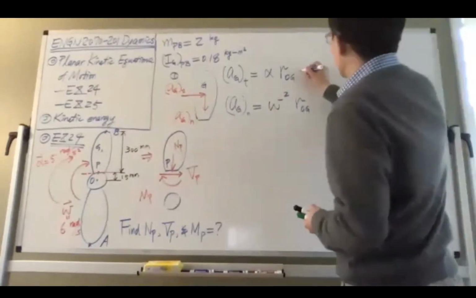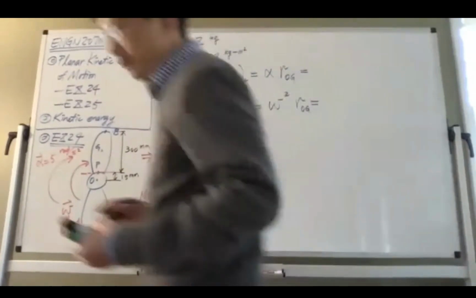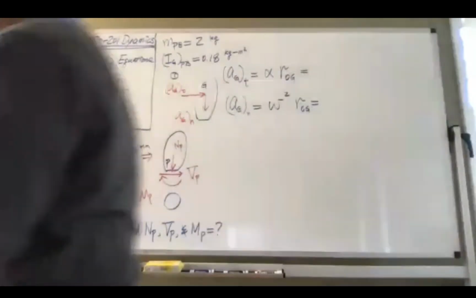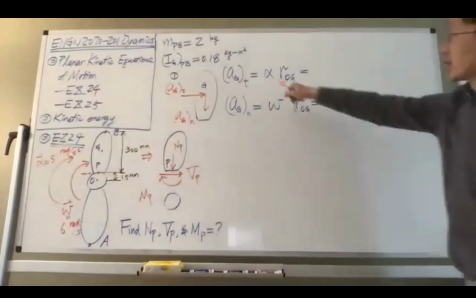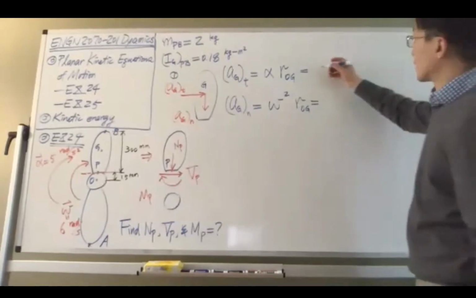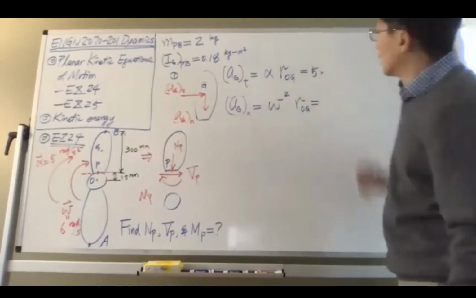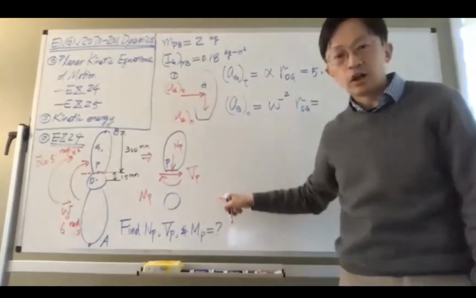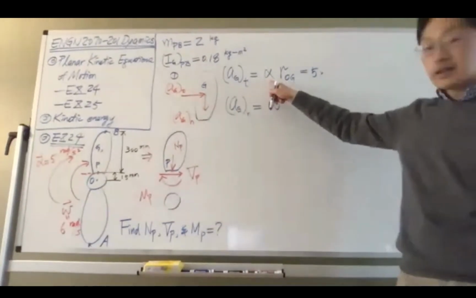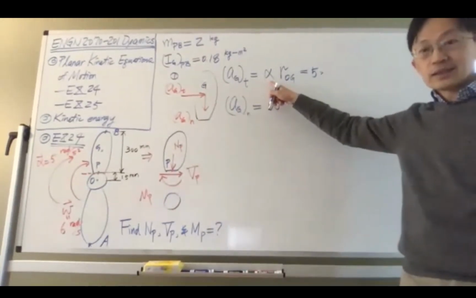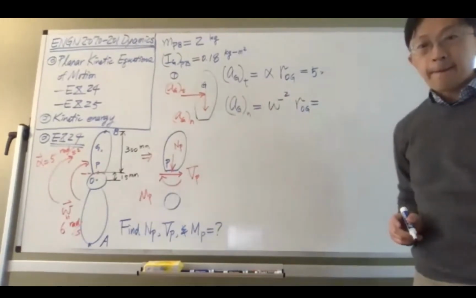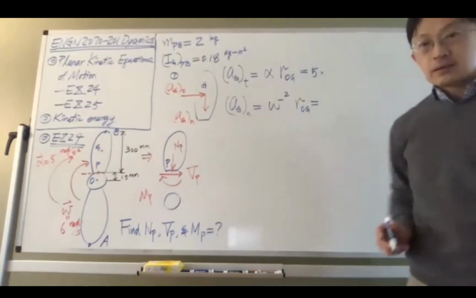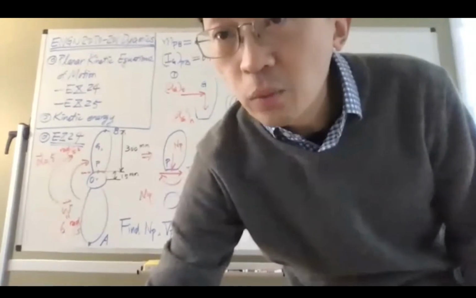So from here, we can actually calculate these two first. We already know the angular acceleration alpha, and that's just 5. Now, what's the distance from the center of gravity to the center of rotation? Because that's what alpha is about. What is this distance?